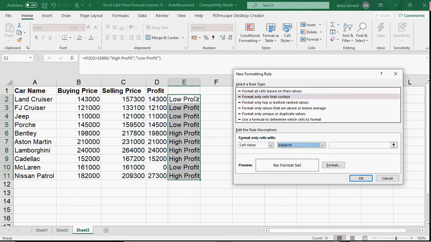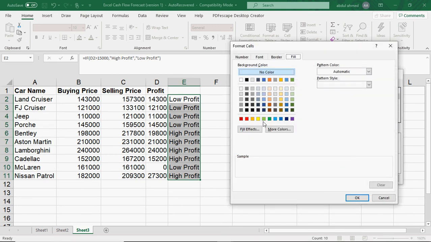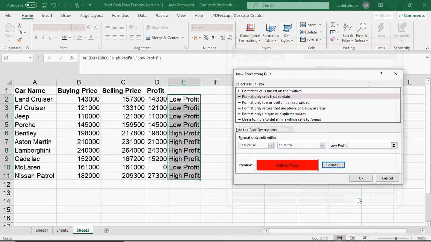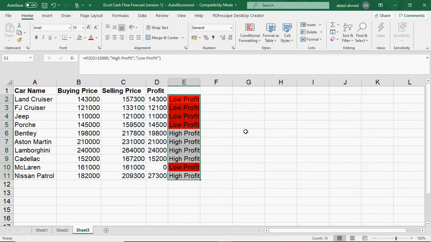That means if whatever is in the box is equal to low profit, I want to know from just looking at it that I didn't make enough money there. So I'm going to put a red so that I know these cars are not selling well. So that cell should be highlighted red. And I click OK. However, I have high profit. I want to see those as well.